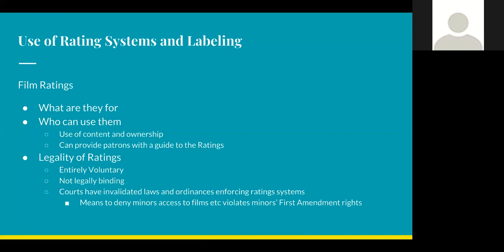So here we go. We've talked a little bit about the Motion Picture Association of America, which is the be-all, end-all of the film ratings, and you know them as G, PG, R, X, and NC-17. Basically, they were created once motion pictures became a thing.